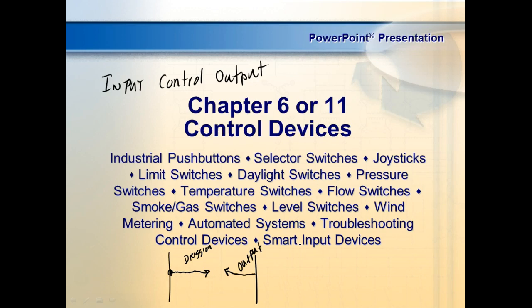So on a PLC, on a ladder diagram, we got decisions on the left, right? This is where all your push buttons are going to be, or all your input devices are going to be, or control devices. And then on the right, this is where our output is. Now we have very limited outputs we can put over here. We put lights over there, right?